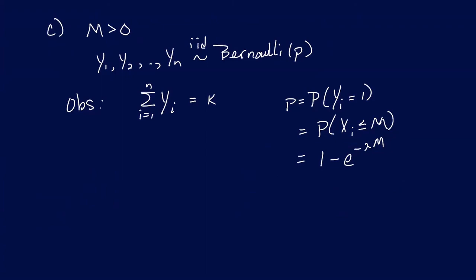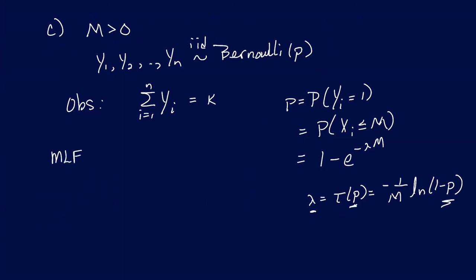Lambda is a function tau of p, which is -1 over m times the log of 1 minus p. So if we can find the MLE for p, we can plug it in to get the MLE for lambda using the invariance property of MLEs.